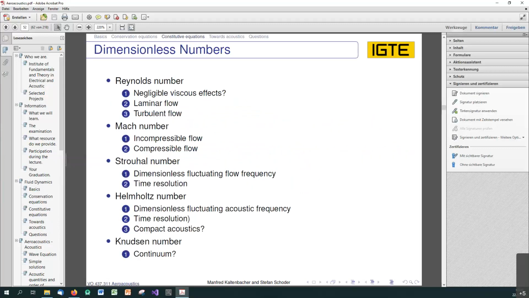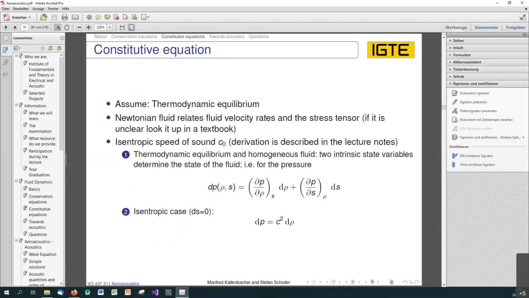Hopefully it comes on the next slide. Oh, probably not. The Newtonian fluid, I will just sketch that here. The Newtonian fluid aims to connect shear stresses with the gradients of the velocity in a spatial direction. I just say it here with the x-coordinate.